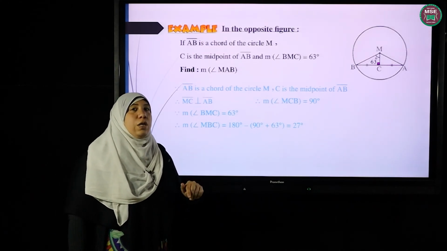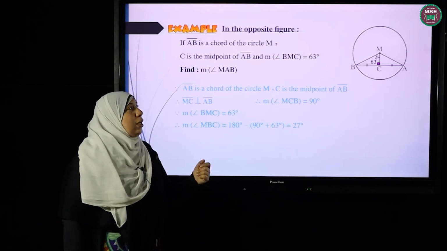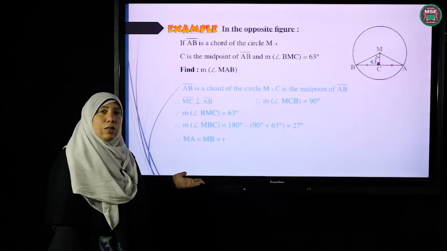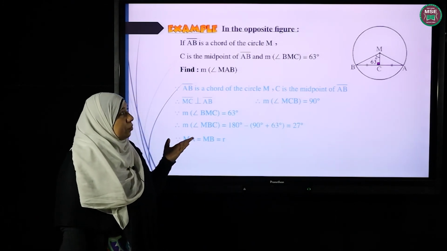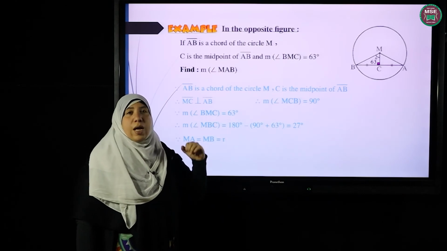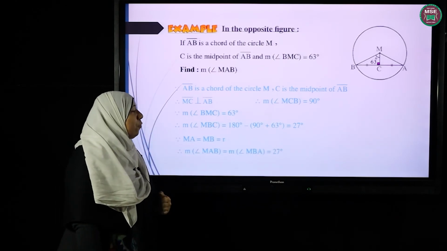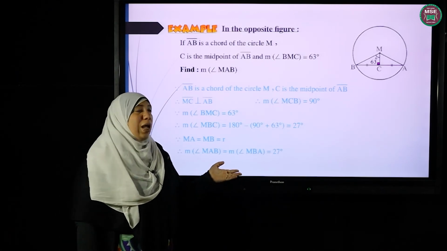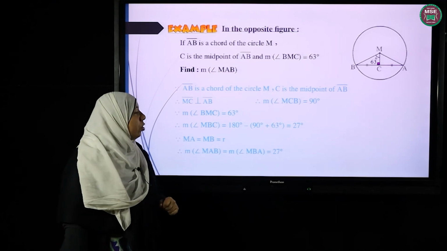Again, he won't tell you that MA and MB are two radii, so they are equal in length. This information you will know yourself. Concentrate: if I have two radii, they make an isosceles triangle here. So since this is an isosceles triangle, the measure of angle A equals the measure of angle B, which equals 27 degrees. And this is our required.